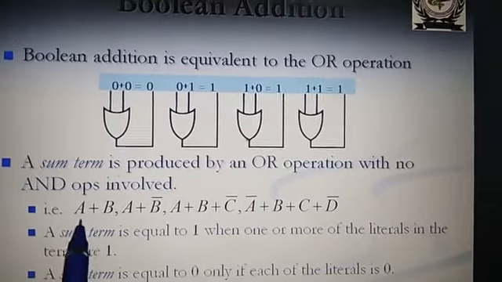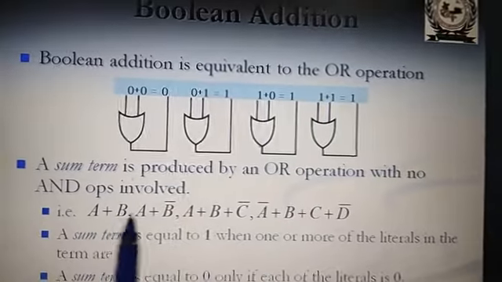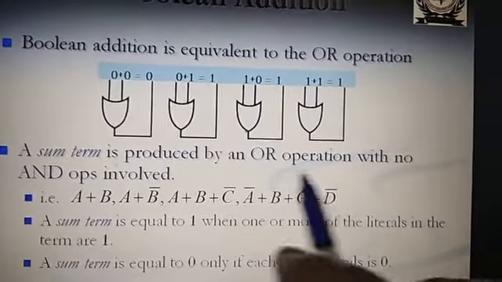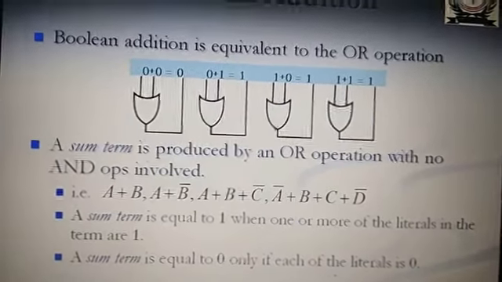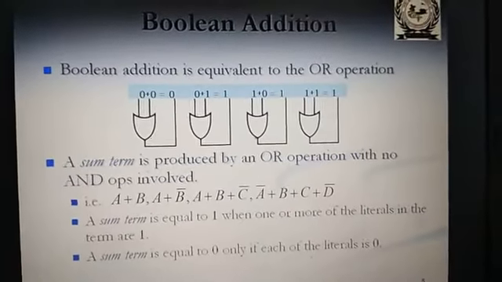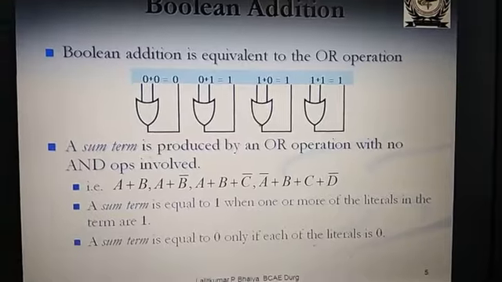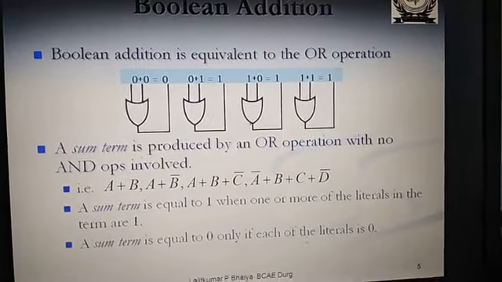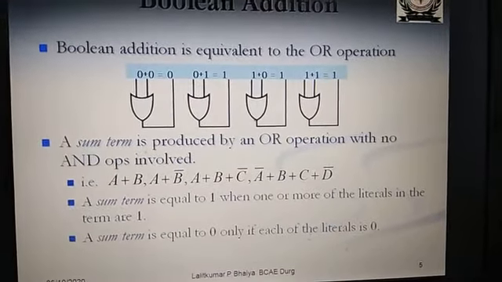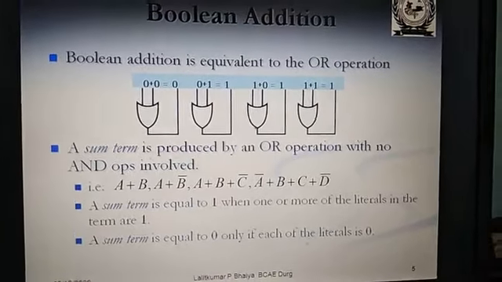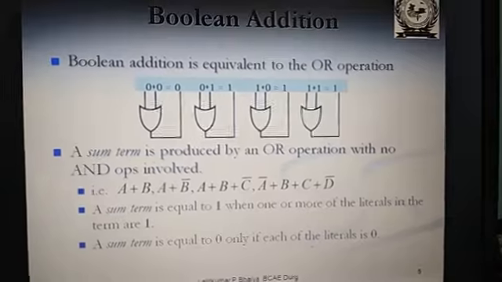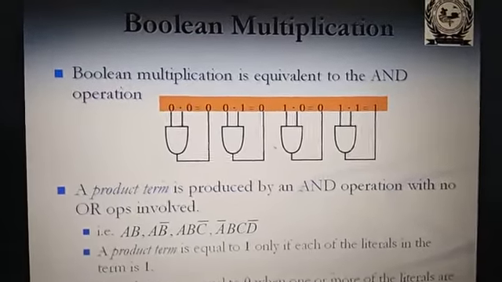Here, if both literals are 0, then the sum term is 0. If one of the literals is 1, then the sum term is equal to 1. These are the rules for Boolean addition using the OR gate.